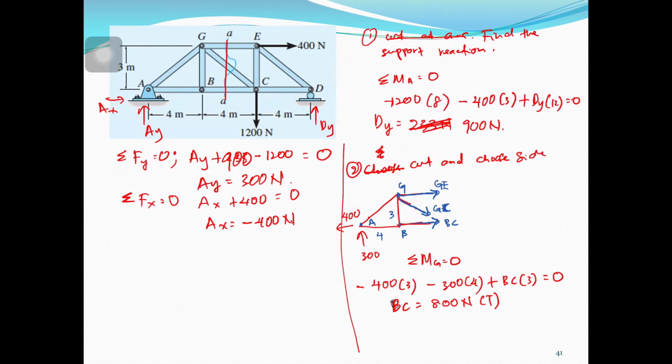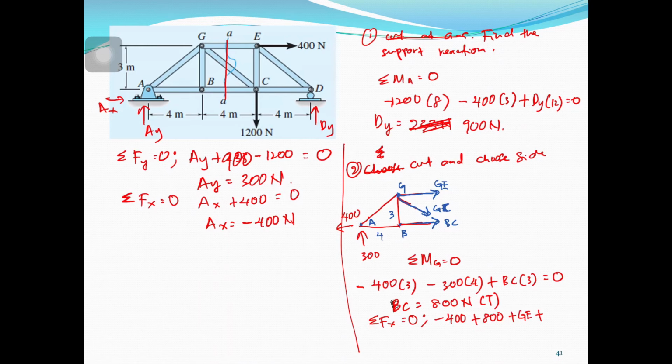We can do the same with the summation of Fx. Summation of Fx is equals to 0, so you have minus 400 plus BC is 800, and then plus GE, and then plus GC cos, how much is it?